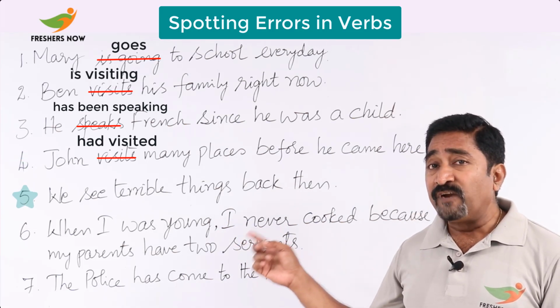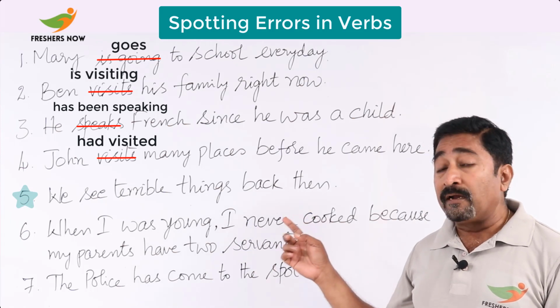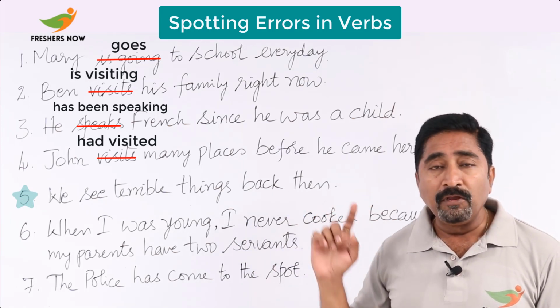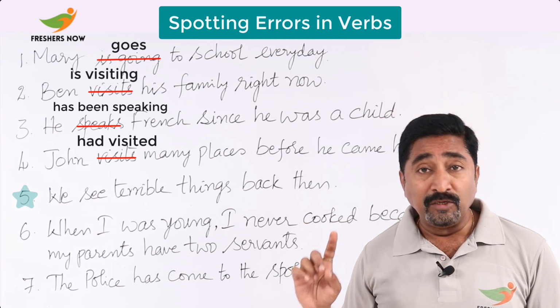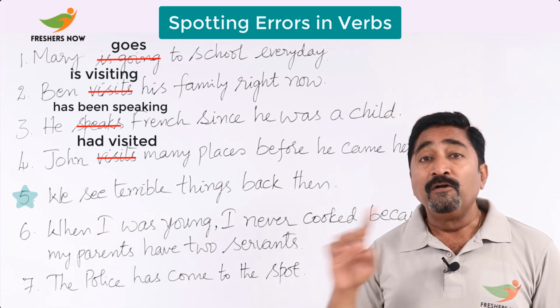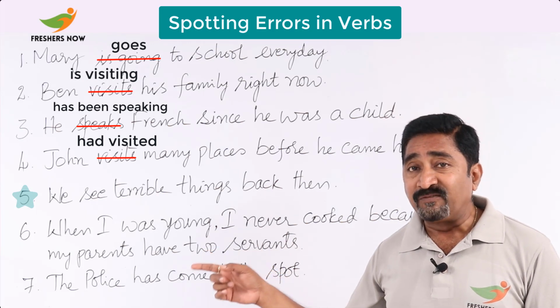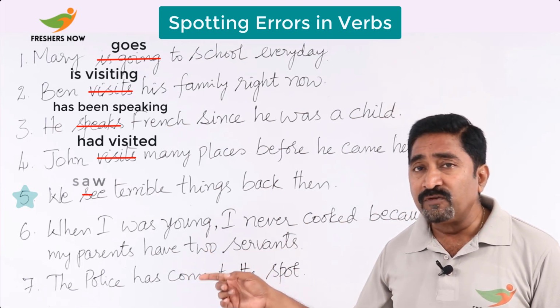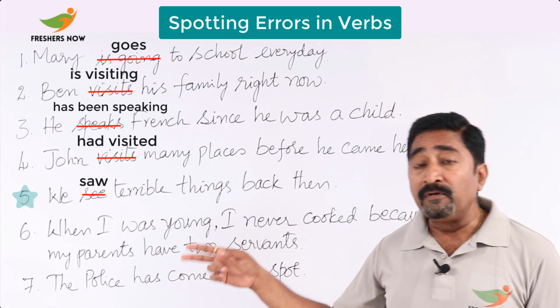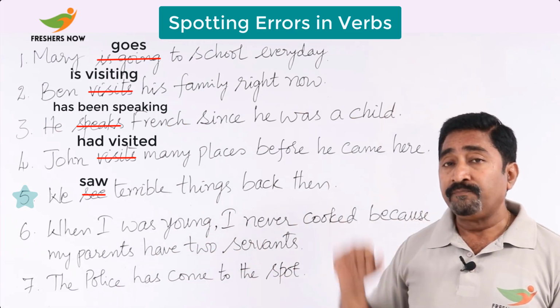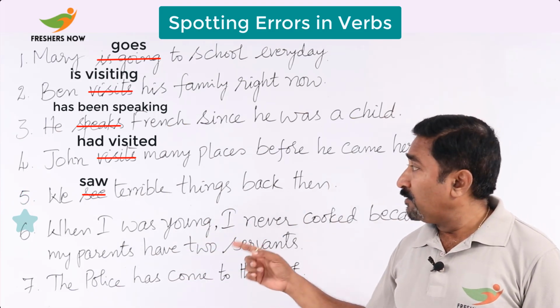Now let's see that. We see terrible things back then. So here the adverb then, we need to understand, is referring to the past. And so the verb should as well be in past. So we should say, we saw terrible things back then. Now let's see the next one.